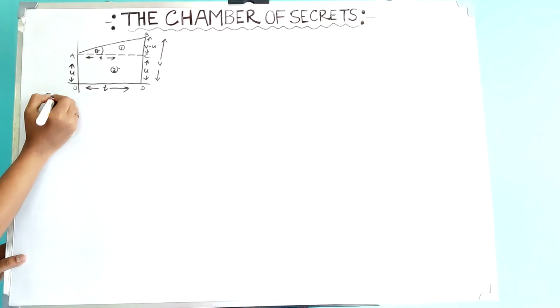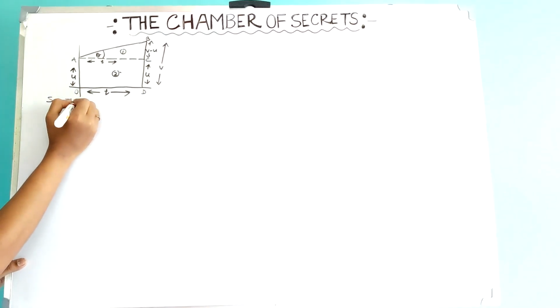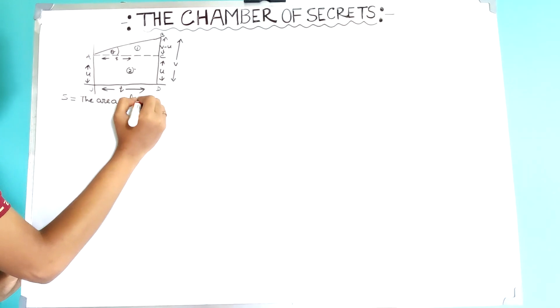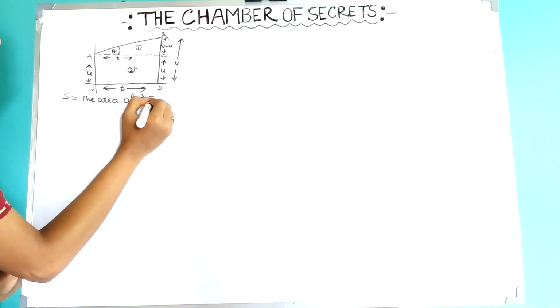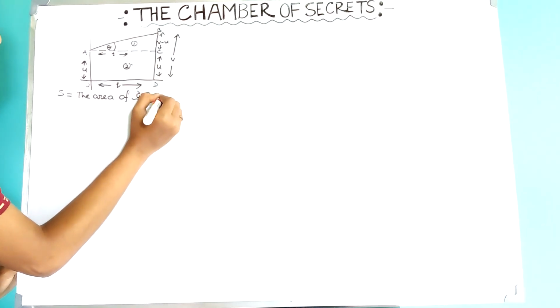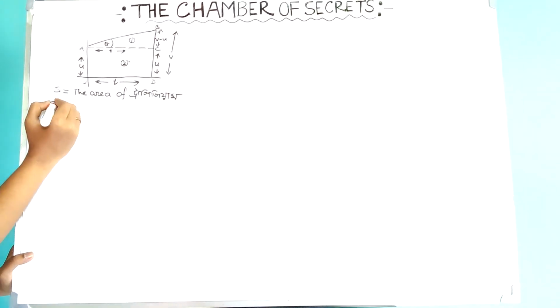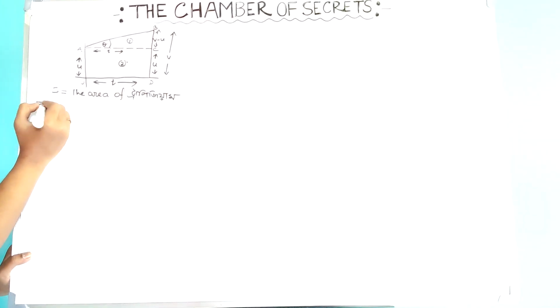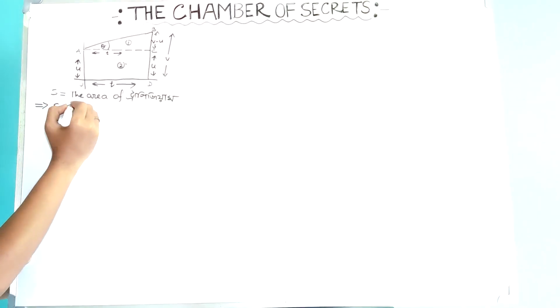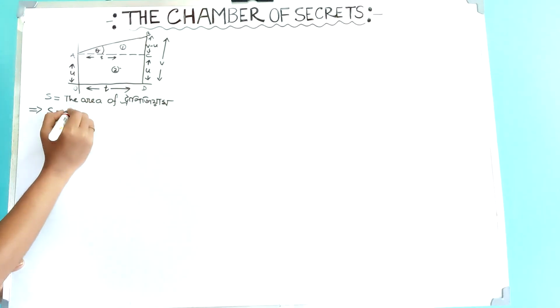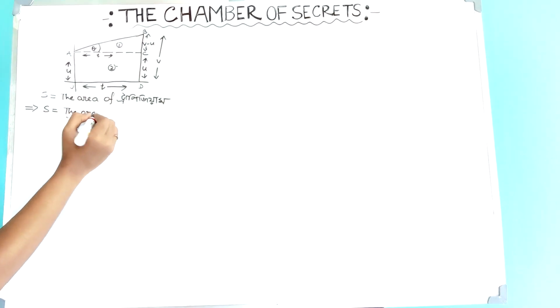So we can write that, as per the previous video, S is equal to the area of the trapezium. In the next line we can write that S is equal to the area of the trapezium, which is equal to the area of the triangle plus the area of the rectangle.